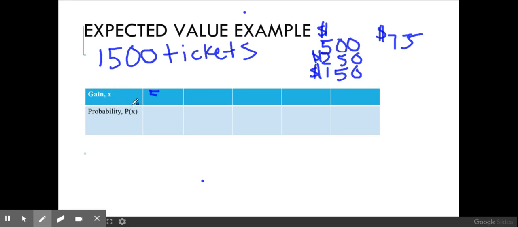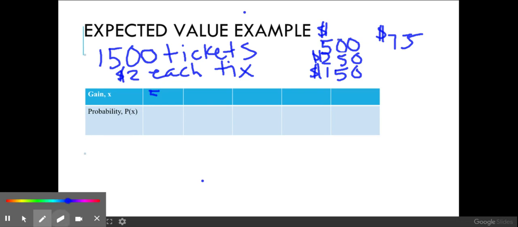Now, when this says gain, this is talking about how much money we got. If each of the tickets is $2, and we win $500, technically we're not winning $500. Technically we're winning $498 because we already spent $2 on the ticket.